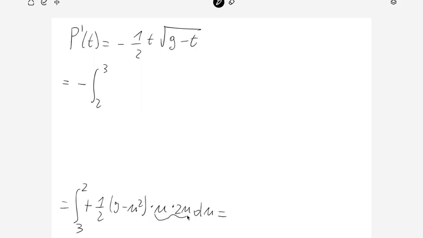So this quantity is just 2u squared. That can be simplified with this. So u squared times 9 is 9u squared minus u to the 4.